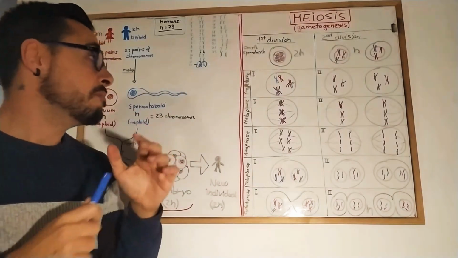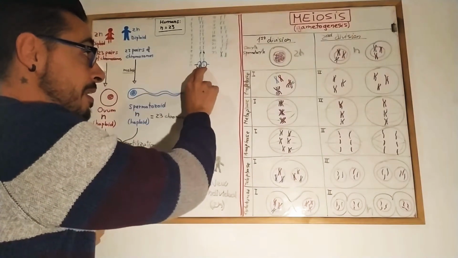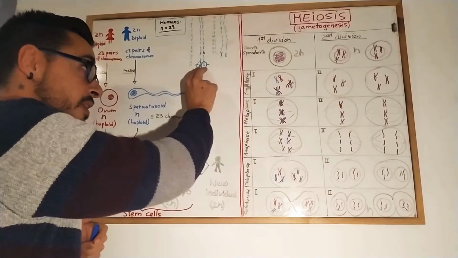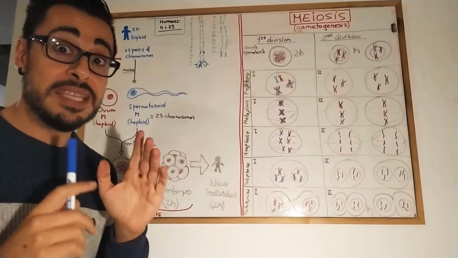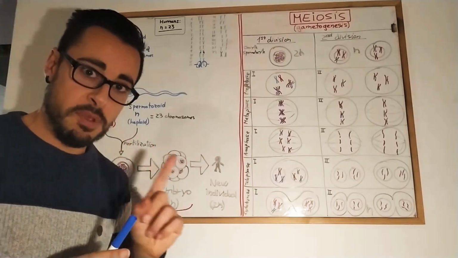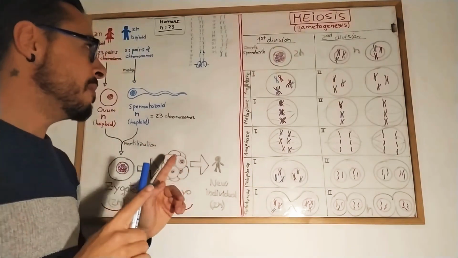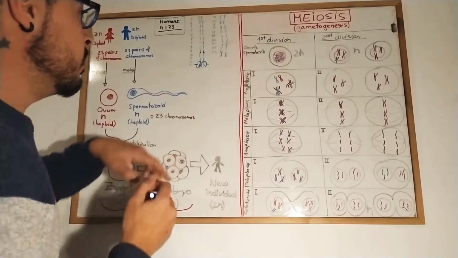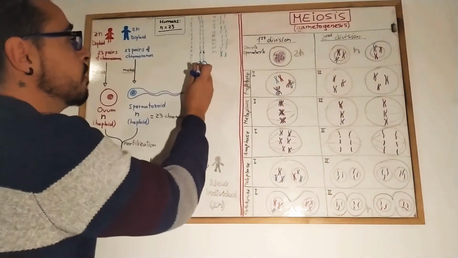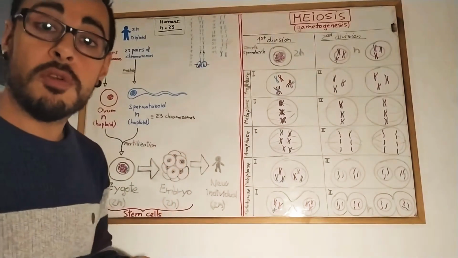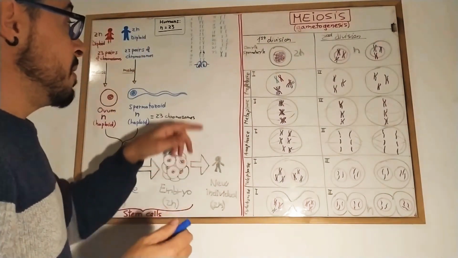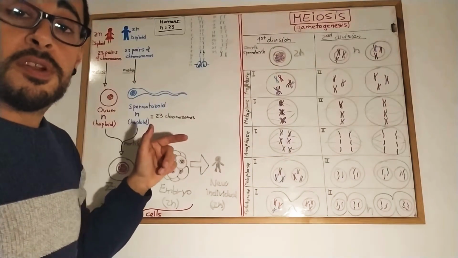Every single pair of chromosomes has the same genes, but not the same information. In this chromosome, I can find the gene for the color of the eyes, but the information can be different.